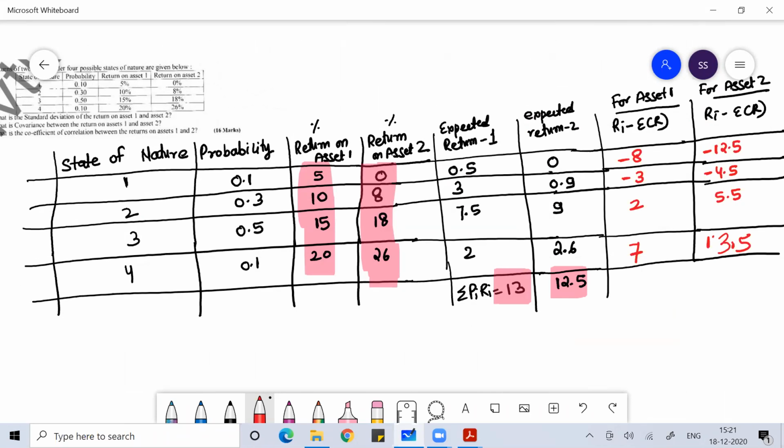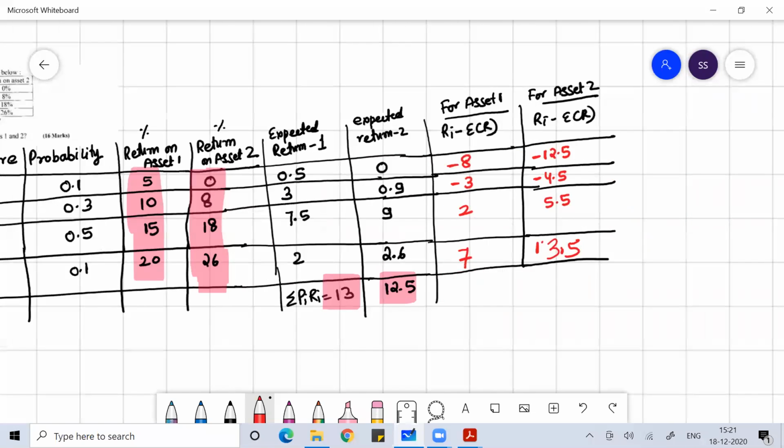Let me know if there is any calculation mistake.